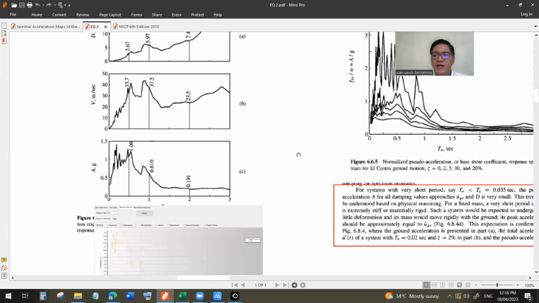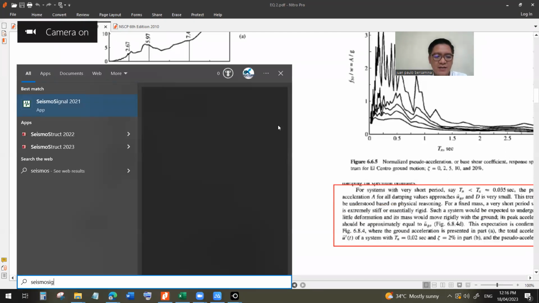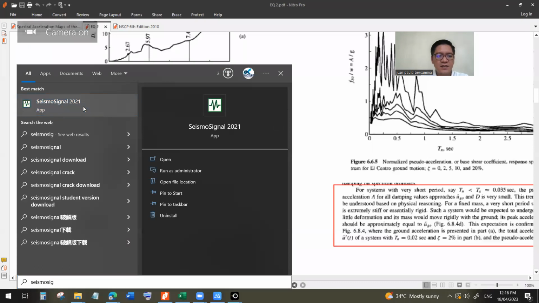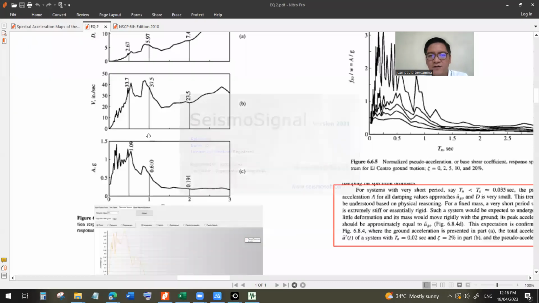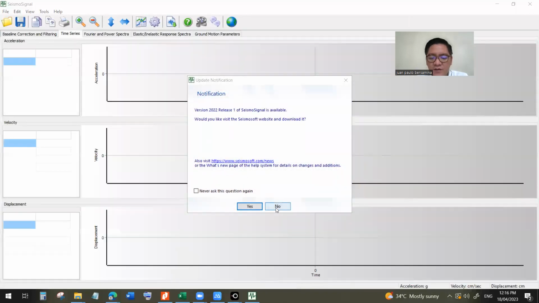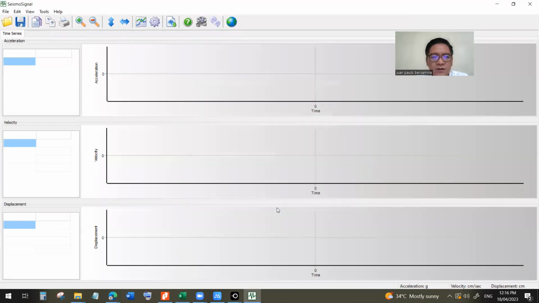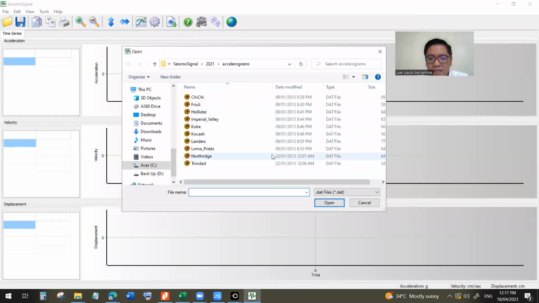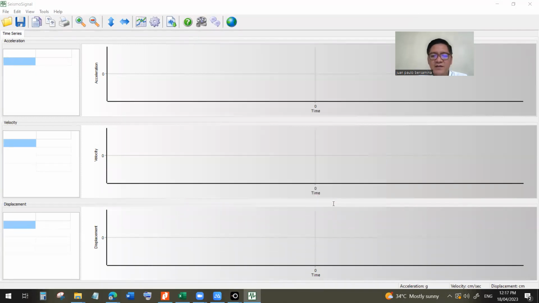By the way, no, I'd like to demonstrate a software. Ito nga yung SeismoSignal. Ito, of course, binabayaran to. Pero fortunately for me, meron akong license courtesy of the structures. I-import ko lang yung earthquake data, for example, Loma Prieta, open.